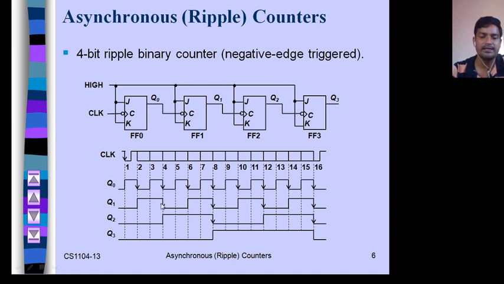Now check at every negative edge, till here 0, and after that, because all J and K are high, it will complement or toggle 0 to 1. Okay, in next negative edge it will be 0, in next edge it will be again 1, then 0, and after this again uncomplemented output is connected here.